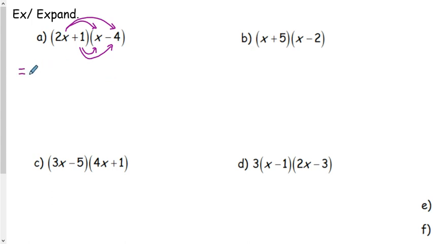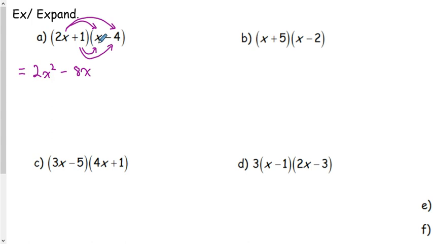Let's do our multiplication now. We've got 2x times x. That's our first one. 2x times x is going to be 2x squared. And then we've got 2x times -4. So a positive times a negative is going to give us a negative answer. 2 times 4 is 8, so that'll be -8x.